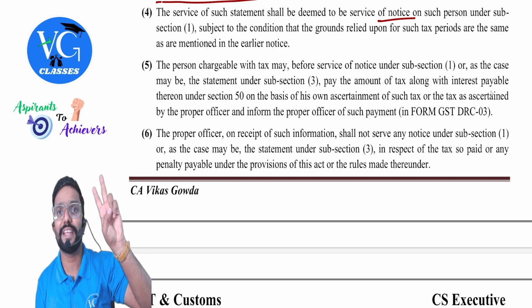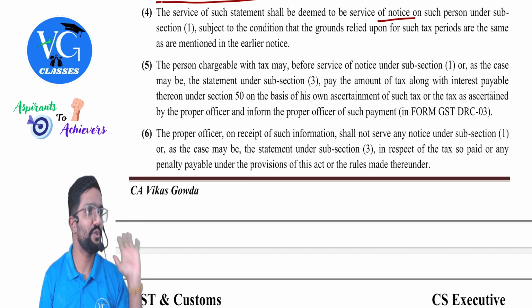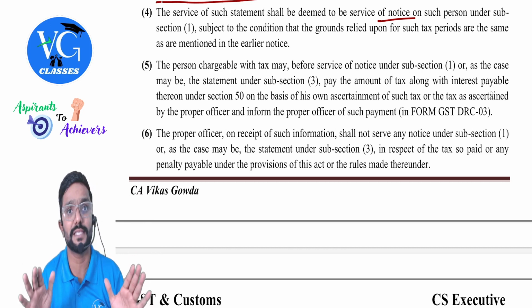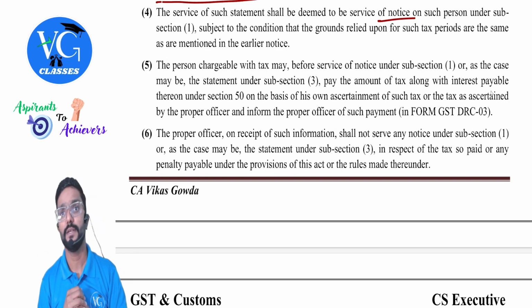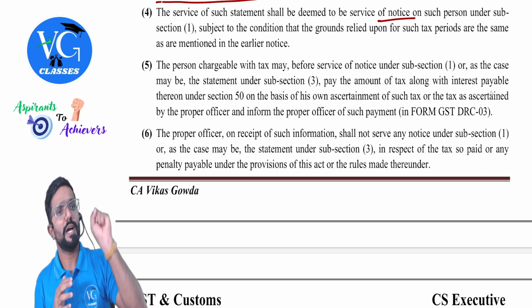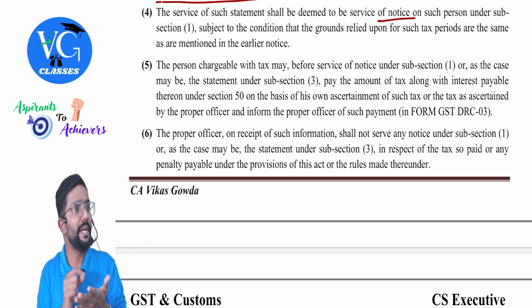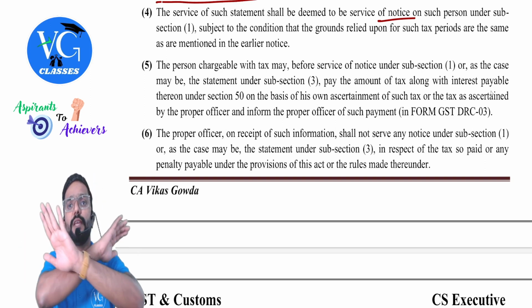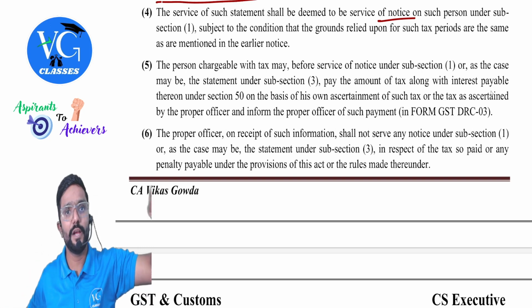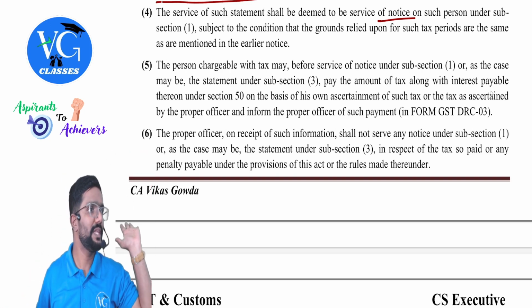So for the remaining 2 lakh, can you issue notice? Yes, he can issue notice. Means what I have paid is less. In that case, for that short amount, can they issue notice? Yes. What if I have paid fully? Assume I have paid the full 5 lakh. I need to give the details of that in GST DRC 03. In that case, they will drop the proceedings. Will they go ahead to issue notice? No, they will not.